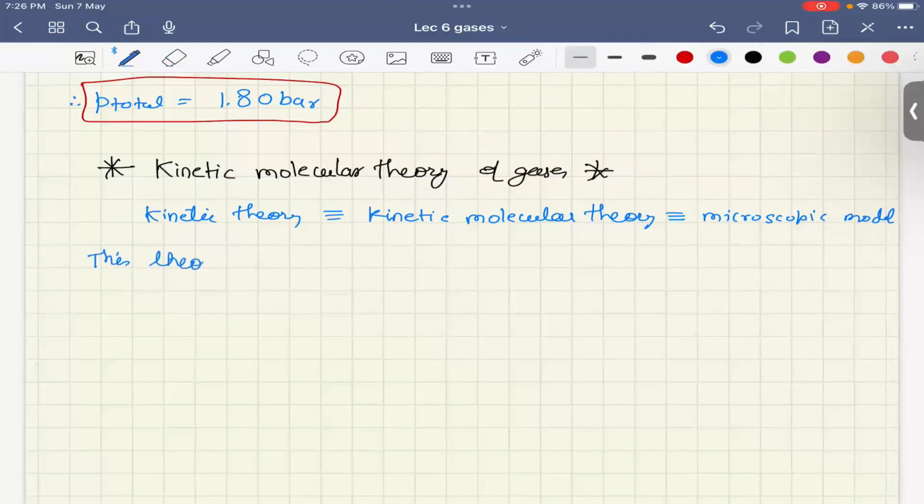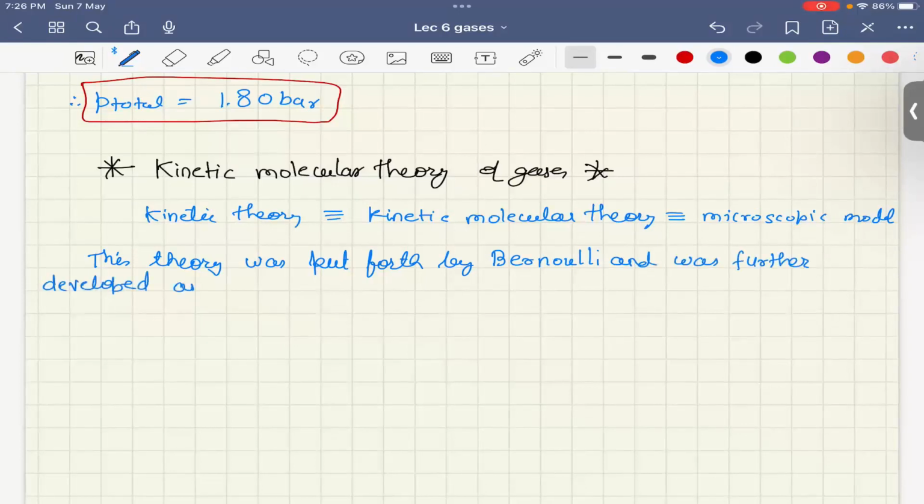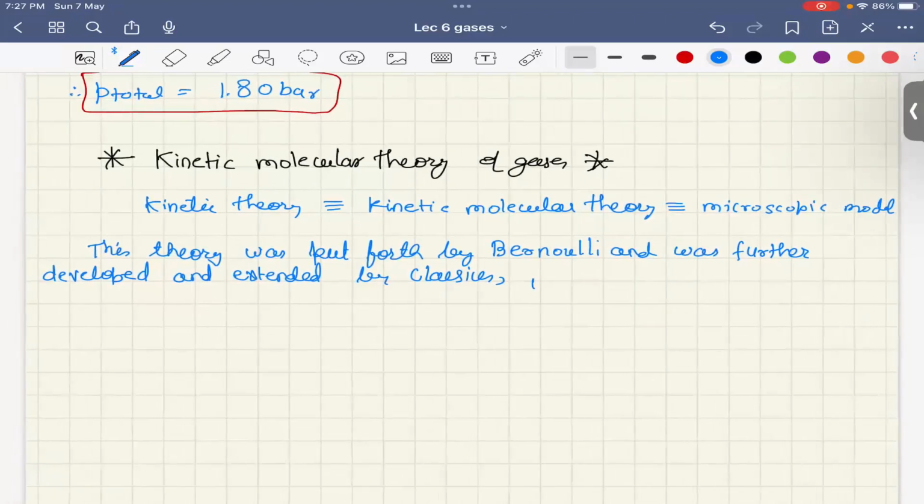This theory was put forth by Bernoulli and was further developed and extended by Clausius, Maxwell, Boltzmann, and others. Now let us look at the postulates.